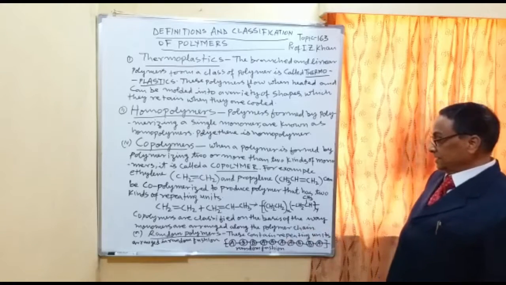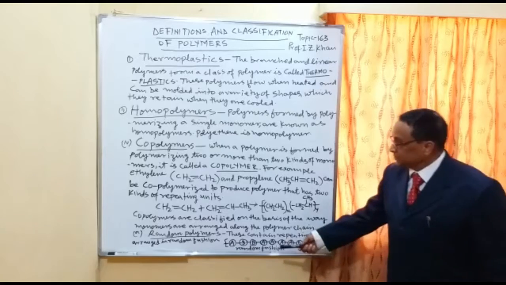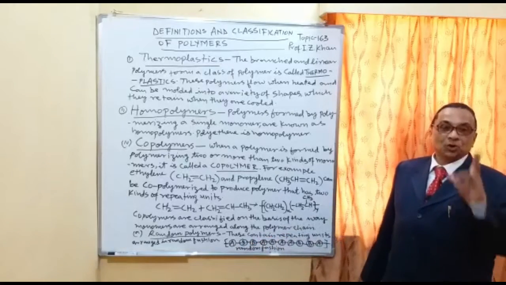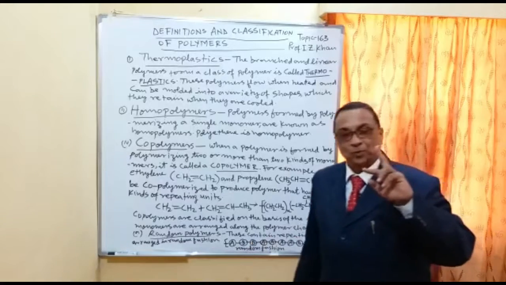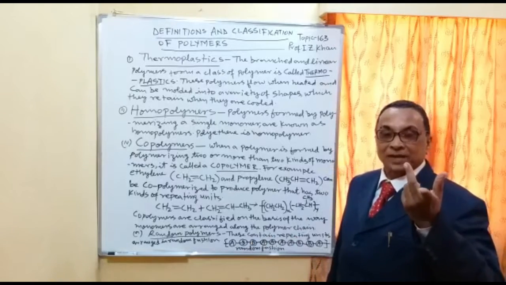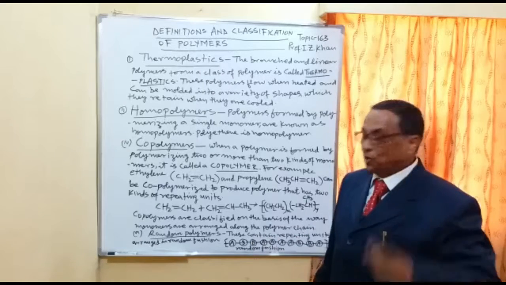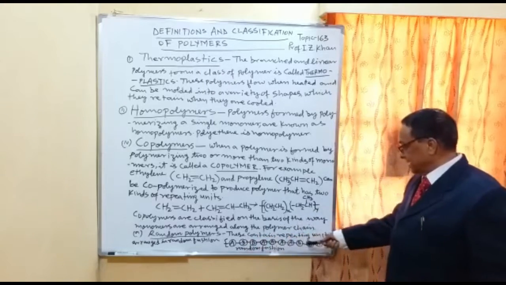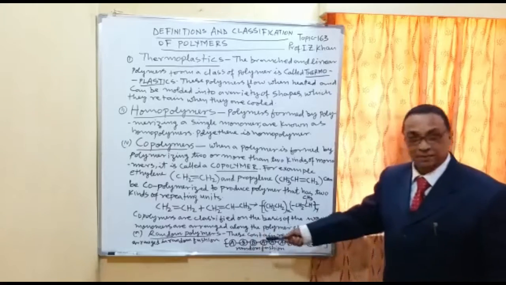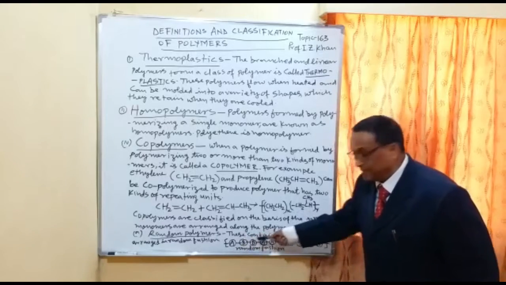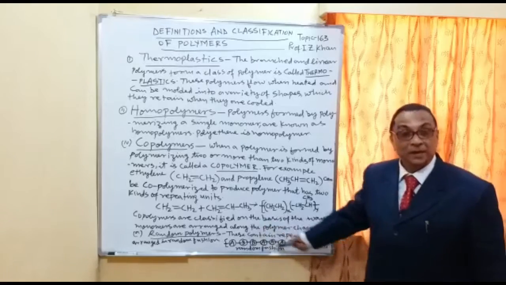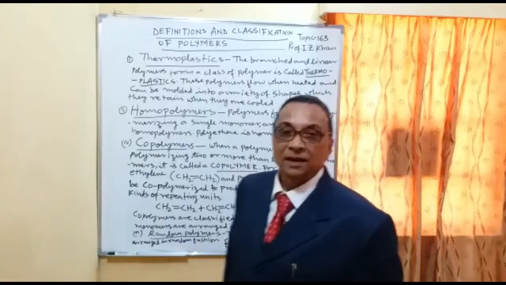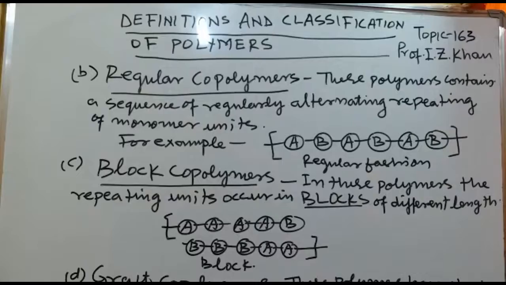For example, if suppose one monomer is A, other monomer is B. So this copolymer is the combination of A and B monomers. So first A and then B, then A, and then B. So it is random. If it had been AB, AB, AB, AB, it would have been regular. So here this arrangement is irregular. That's why it is called a random polymer.